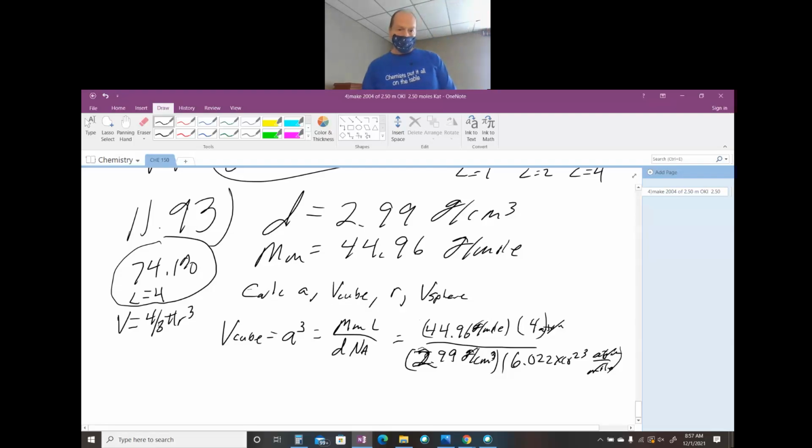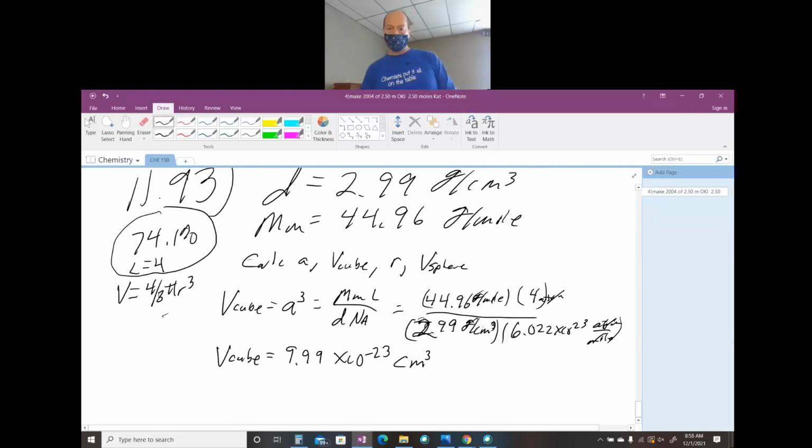All right, and so you get your volume of your cube, which was a question. So here's the volume of the cube. And that is 9.99 to 3 sig figs because of the density, times 10 to the minus 23. And the units are centimeters cubed. That is the volume of the cube.